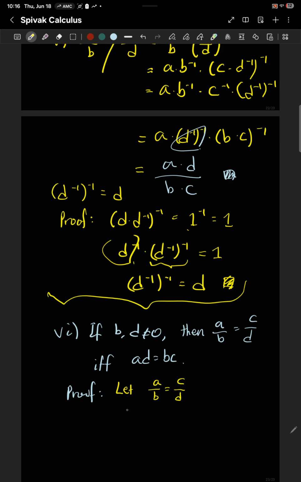We know these are equal, so when we divide A over B by C over D, this is basically equal to AD over BC.